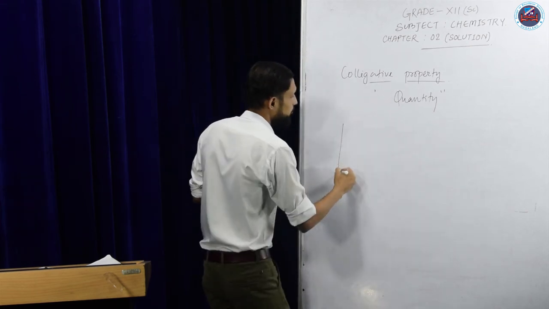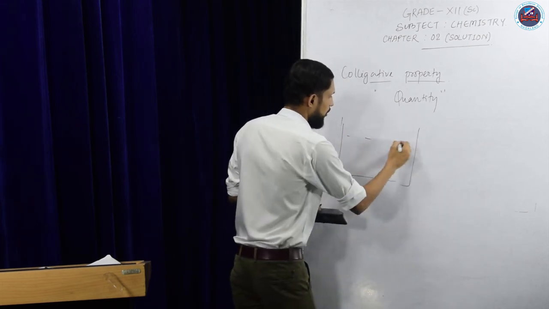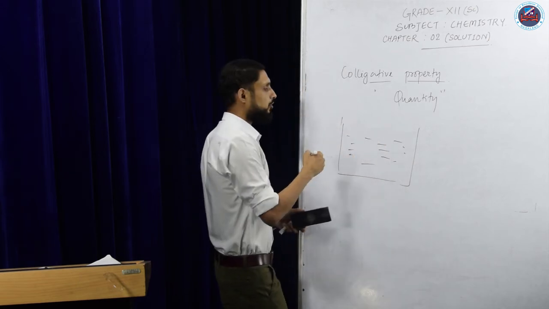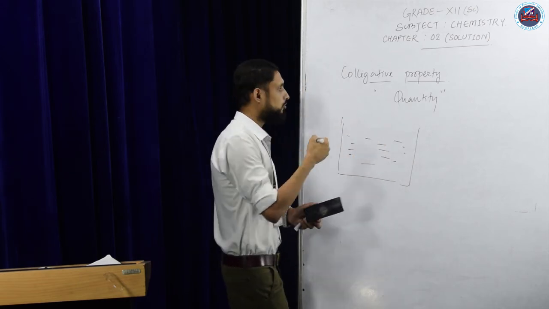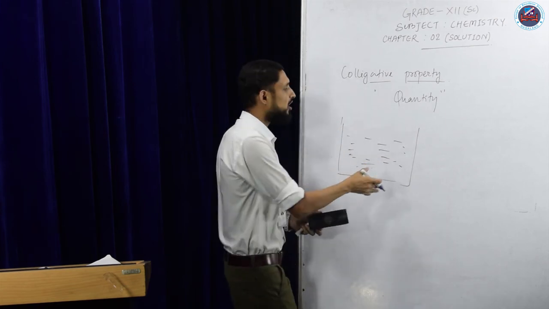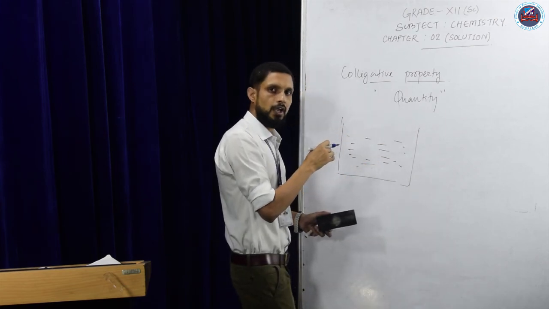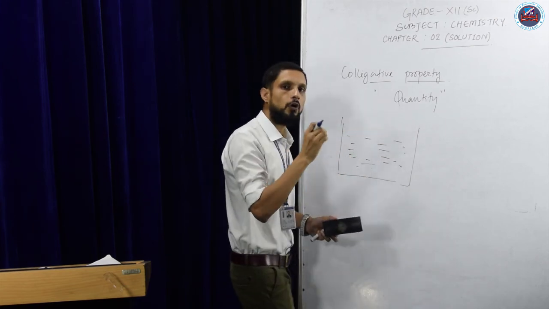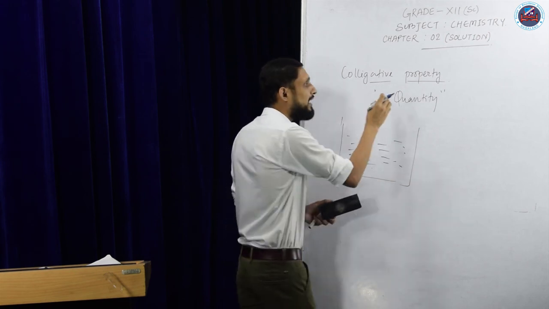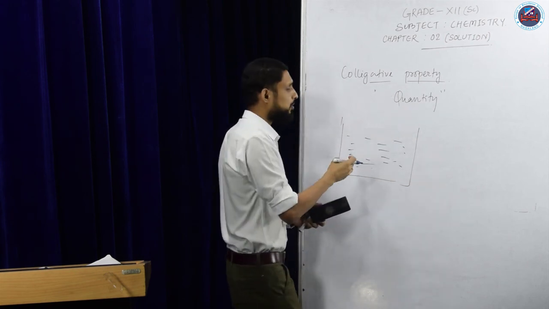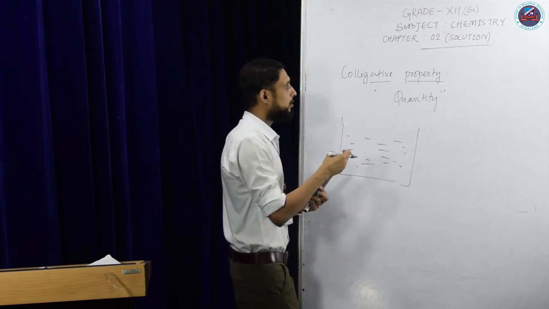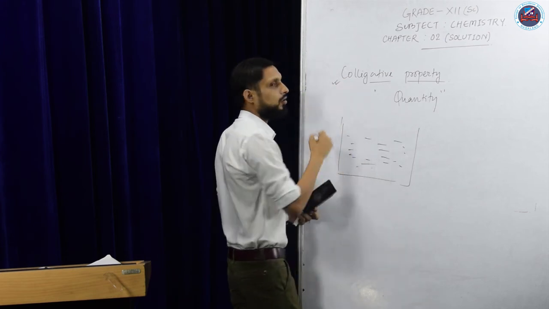Say for example, if you take a solution of two liquids or a solution of solid in liquid, and if you study the properties of solution, and if the property is purely dependent on the number of the particles, that means the quantity, rather than whether the particle is big, small, whether it is gas or liquid, the property is said to be colligative property.